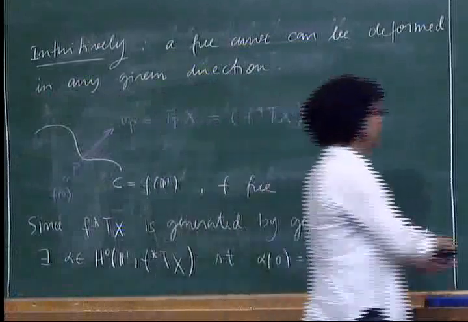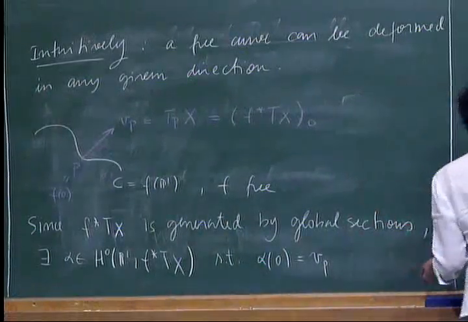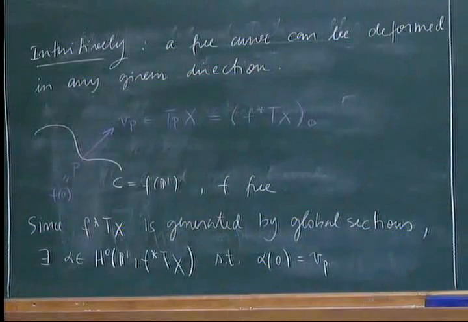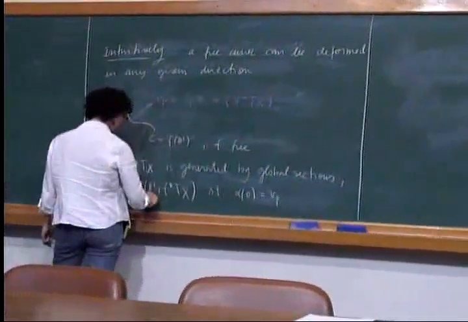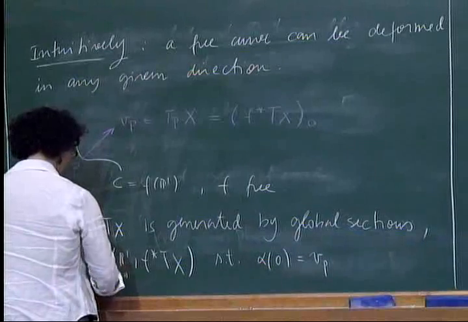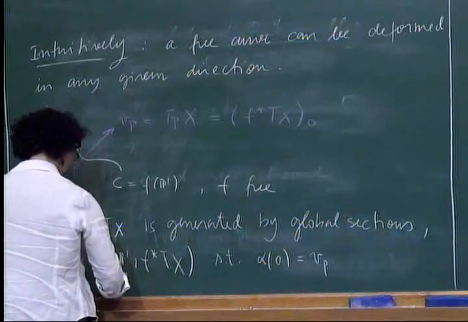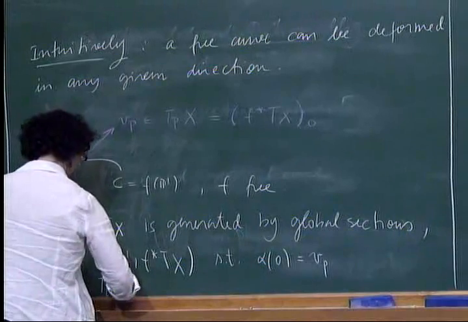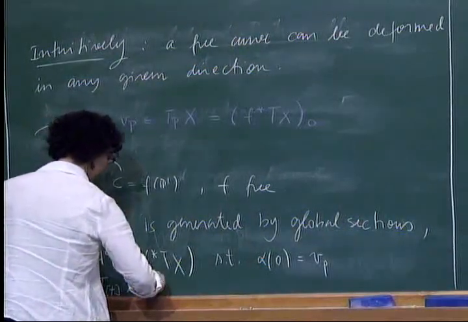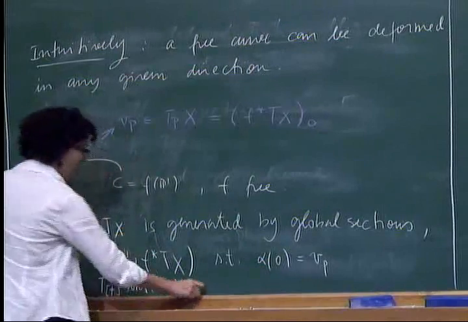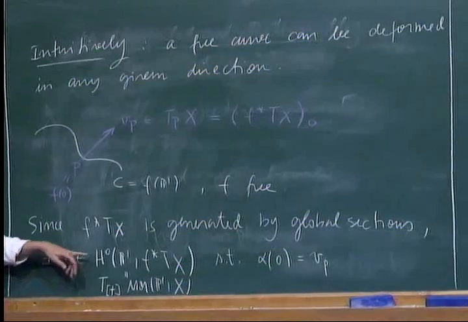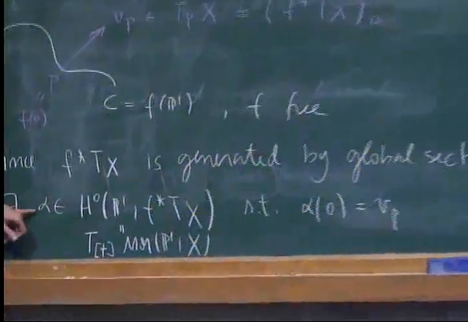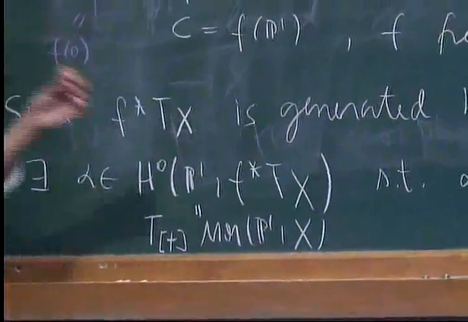But now, notice that if the morphism is free, then the H^1 vanishes. Recall that we identified this with the tangent space at f of the space of morphisms from P^1 to X. Because the H^1 is 0, this space is smooth at that point, so this tangent vector is in fact tangent to some curve on it.